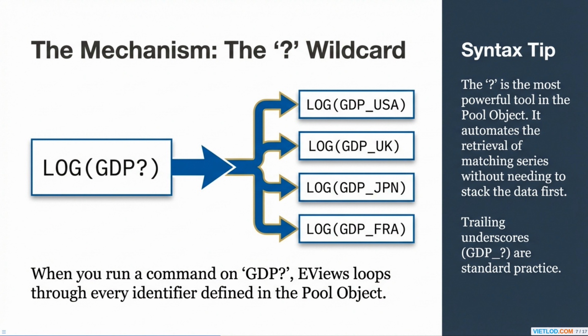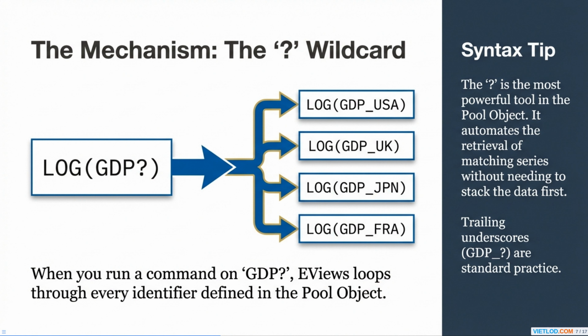When you use a command like log(GDP?), EViews automatically loops through all identifiers in your pool, _USA, _UK, _JPN, etc., and applies the command to each corresponding series, GDP_USA, GDP_UK, GDP_JPN. This allows you to perform complex operations and estimations across all cross-sections with a single, simple line of code, without ever needing to stack the data.